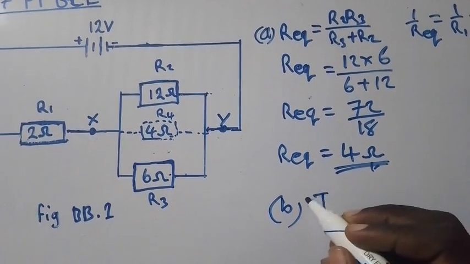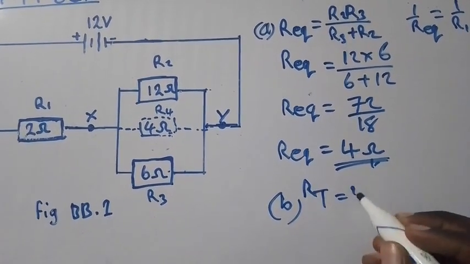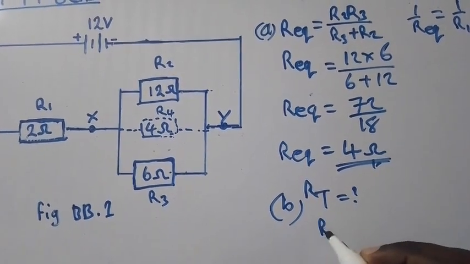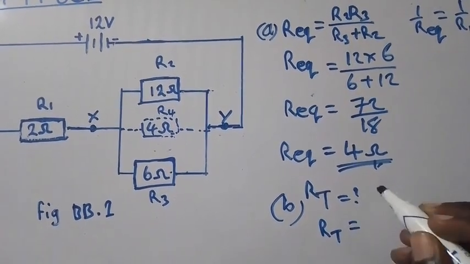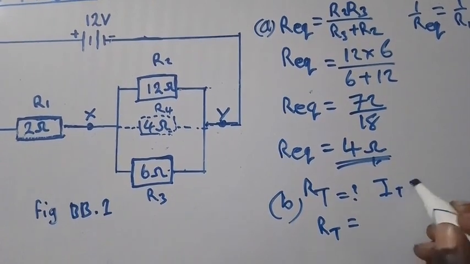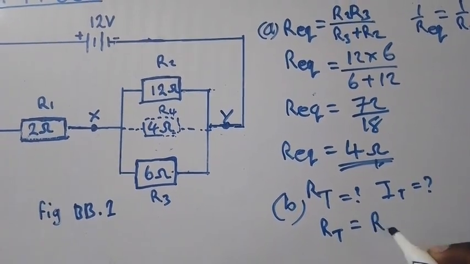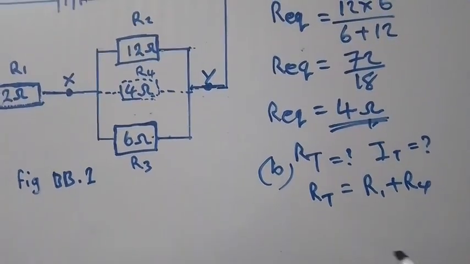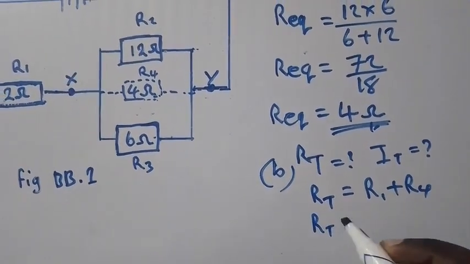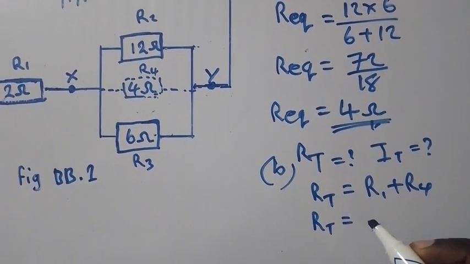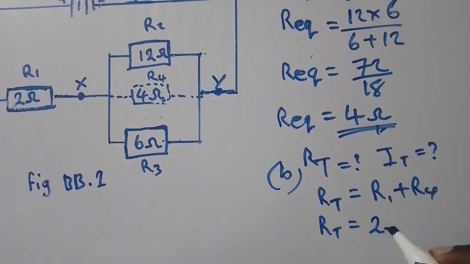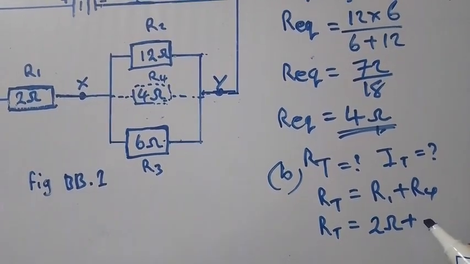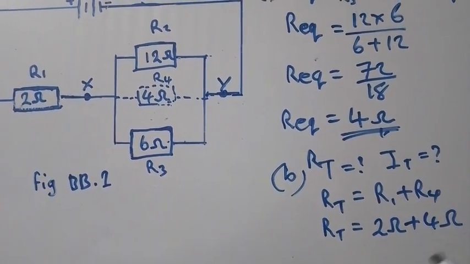So now R total is what we are calculating. R total will be equal to R1 plus R4. So R total will be equal to R1, it's 2 ohm resistor, plus R4, it's 4 ohm resistor.